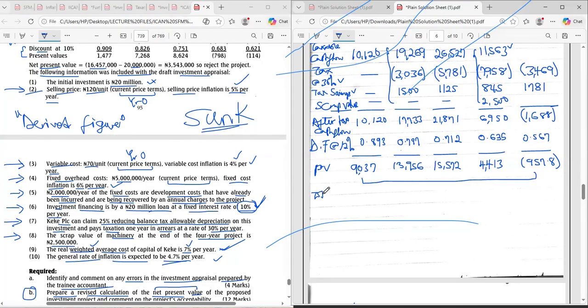That will give us our total PV. Add up all these and take out the negative one.